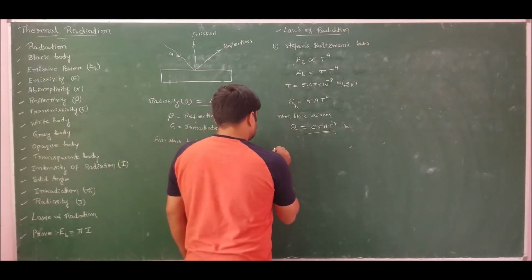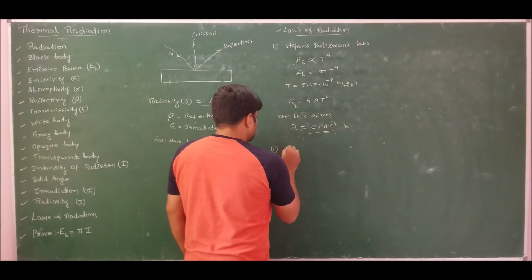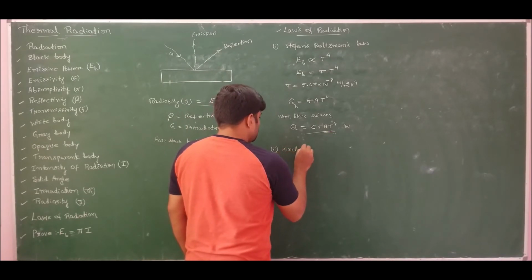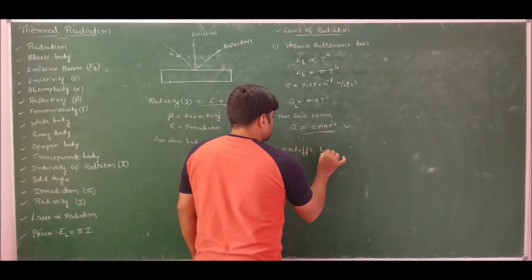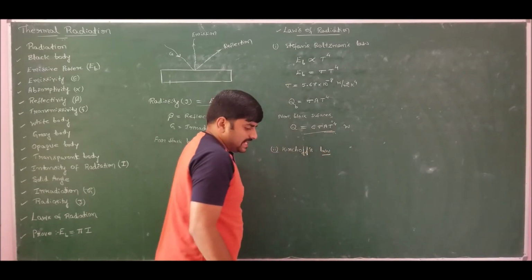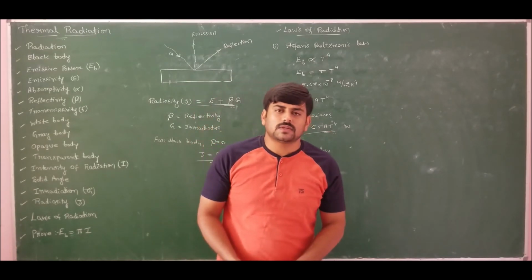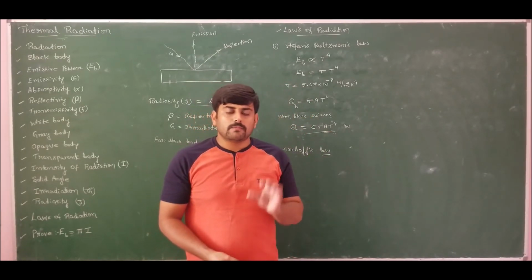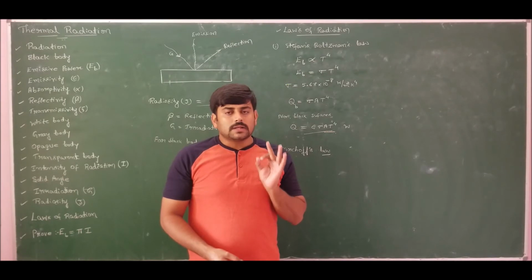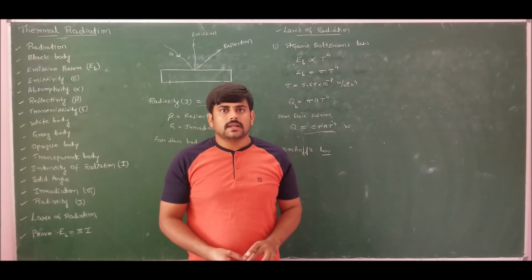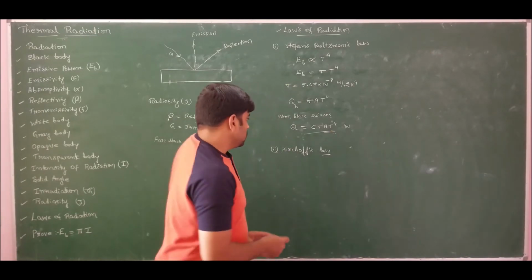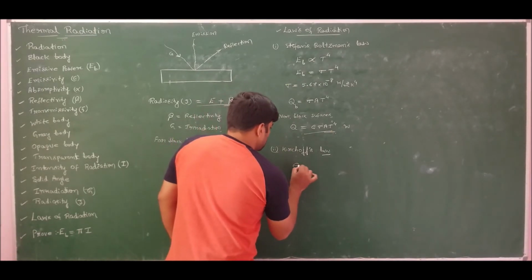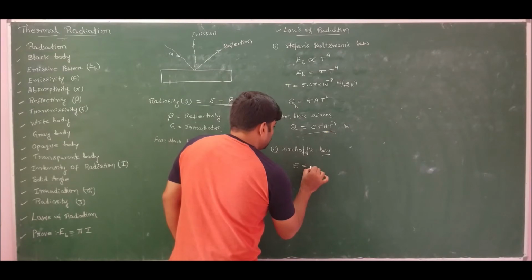Next, second one is Kirchhoff's law. Kirchhoff's law of radiation states that when a body is in thermal equilibrium with the surroundings, then emissivity is equal to absorptivity. So emissivity epsilon is equal to absorptivity alpha.